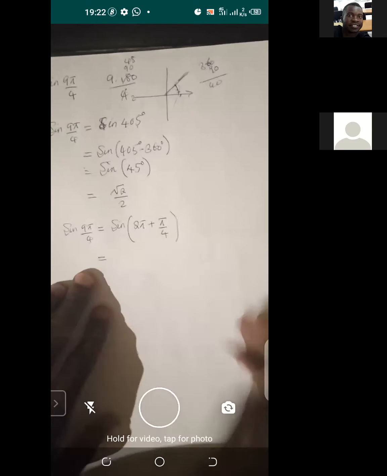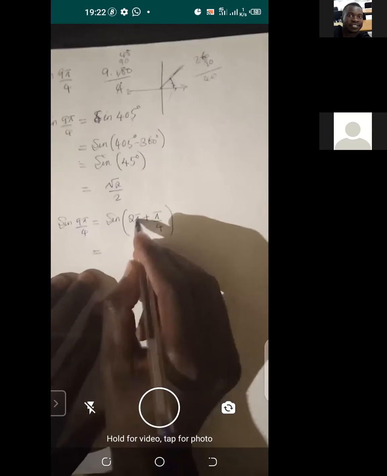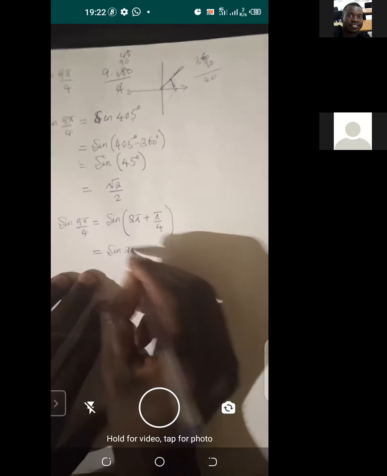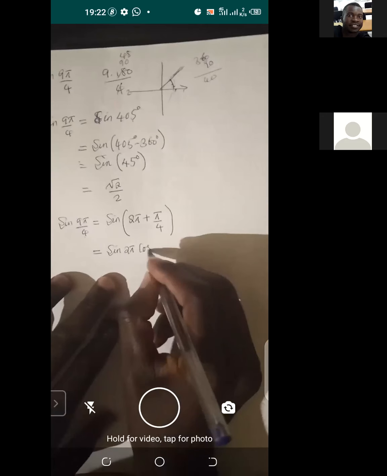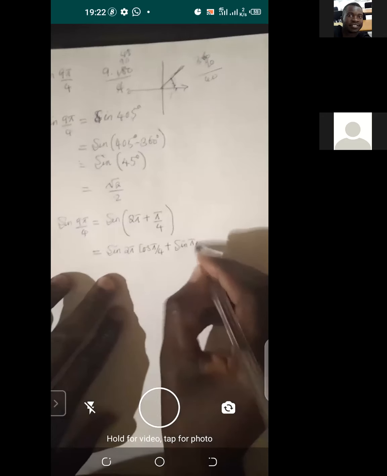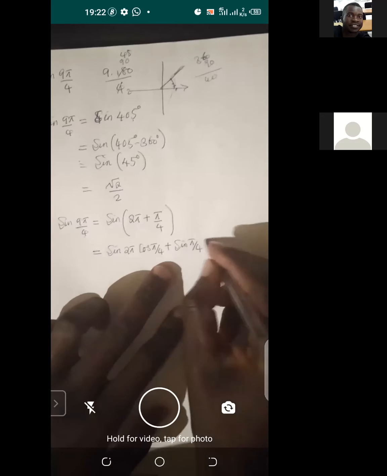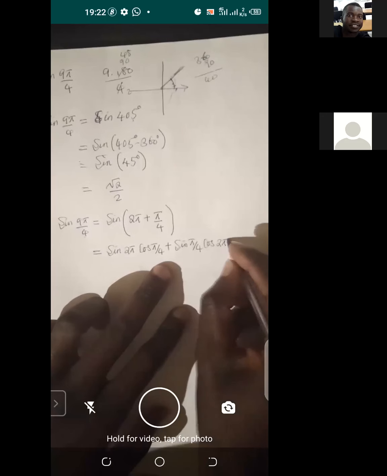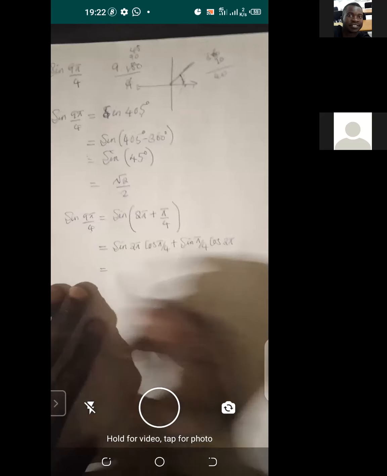So using this sum identity, this is familiar. You see that this is sine 2 pi cos pi by 4 plus sine pi by 4 cos 2 pi. So here, what is sine 2 pi?